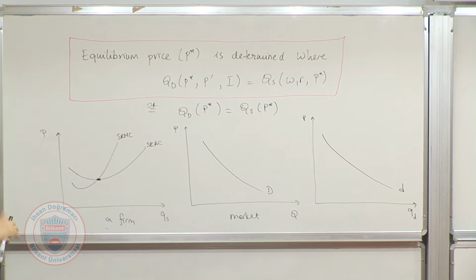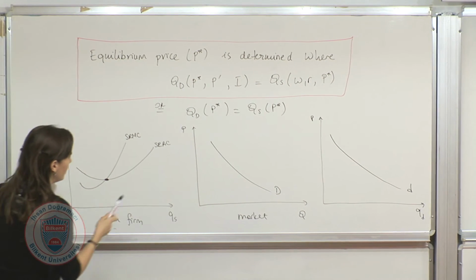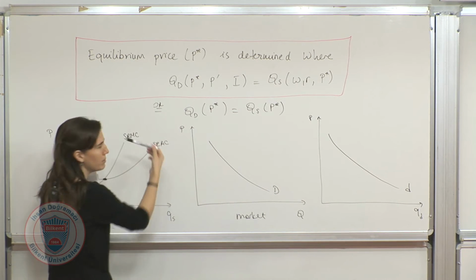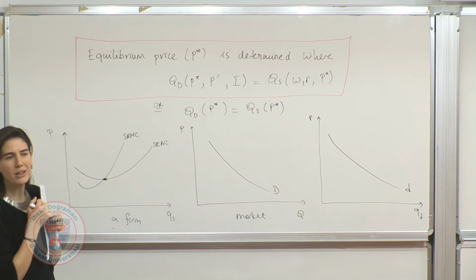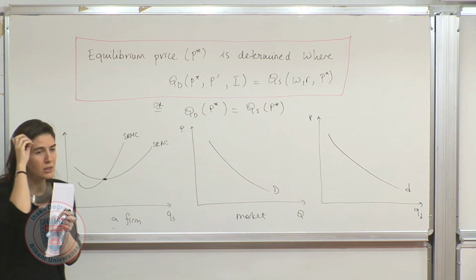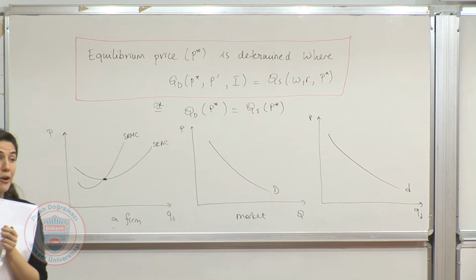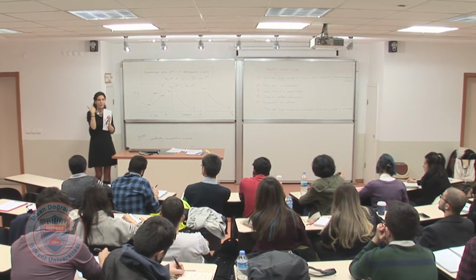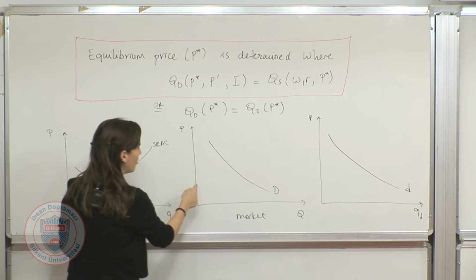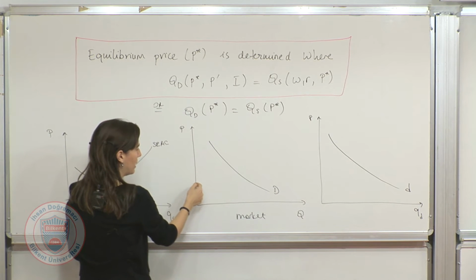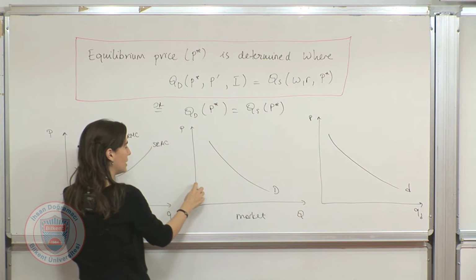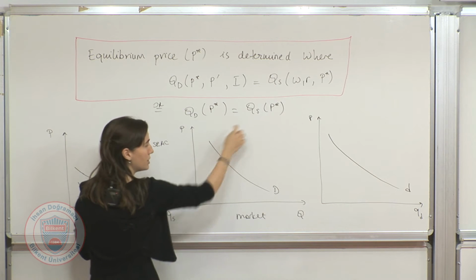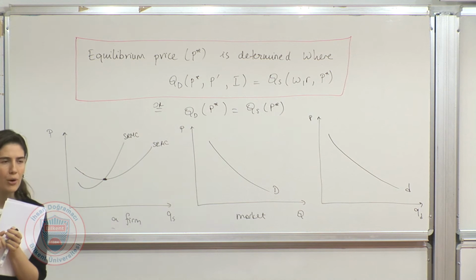And then the market supply curve is going to be very similar to an individual one. But just keep that in your mind. Here is the issue: we need to draw the market supply curve also, right? Remember it was 0 until this point, and then it started from some point, right?